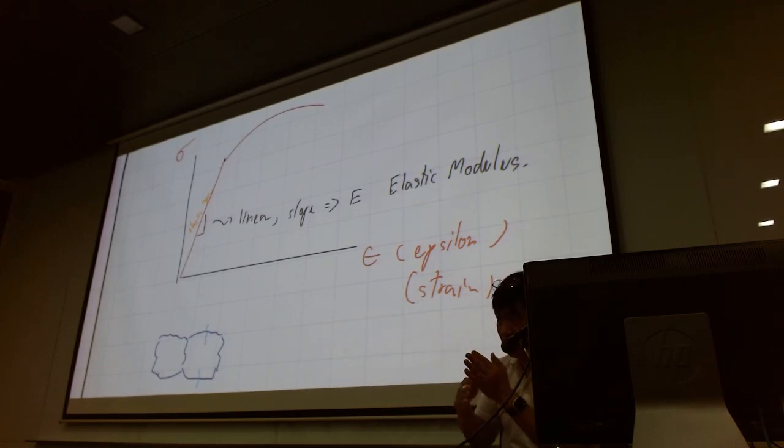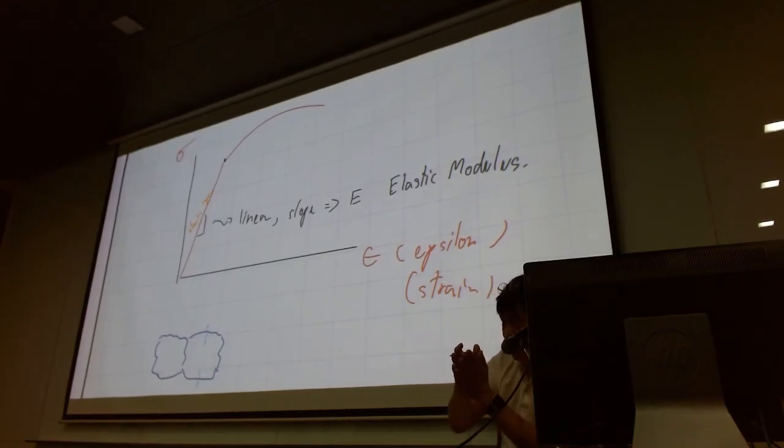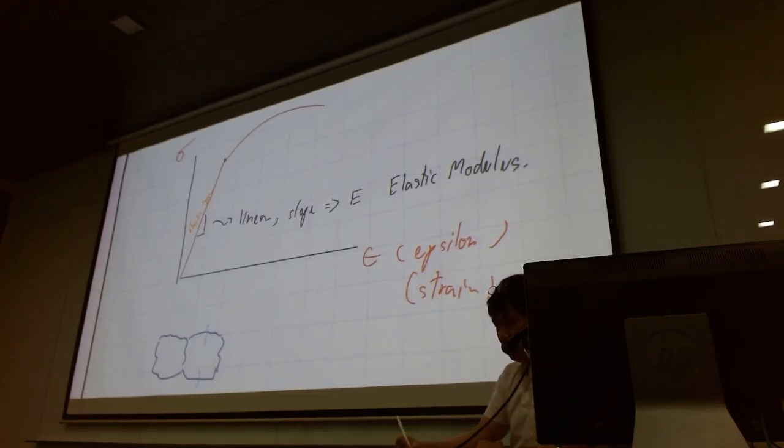You have a slippage of the grain. If you take the class, it would be what we call a Burgers vector. You will have a slip between one grain and the other, and it will be completely moved in reference to one another. We call that dislocation. And that dislocation will create what we call a permanent deformation.